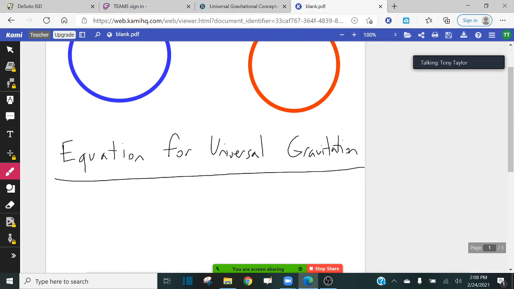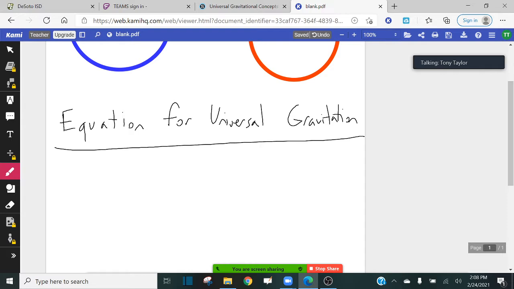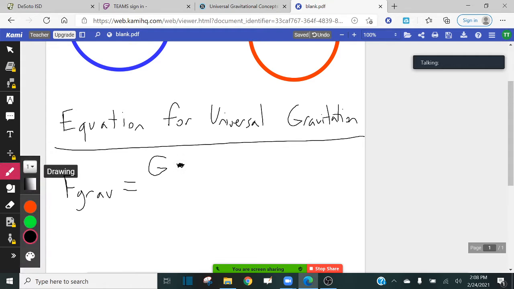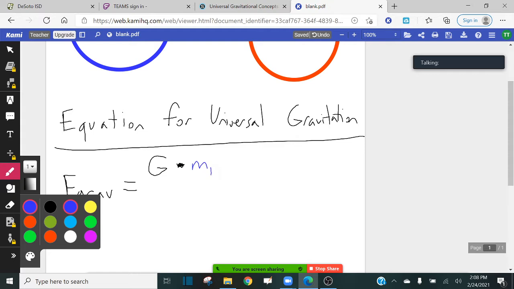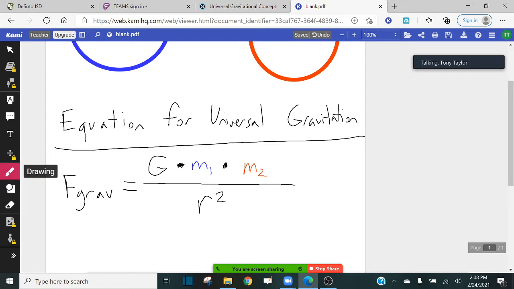So the equation for universal gravitation is just this: the force of gravity between any two objects is equal to the gravitational constant big G times the mass of the first object, which is in kilograms, times the mass of the second object in kilograms, all of that divided by the distance between the object centers squared.